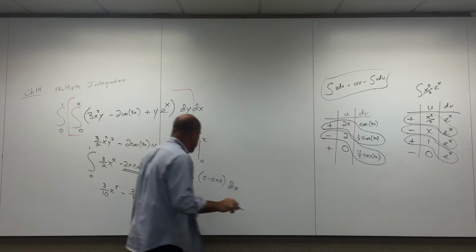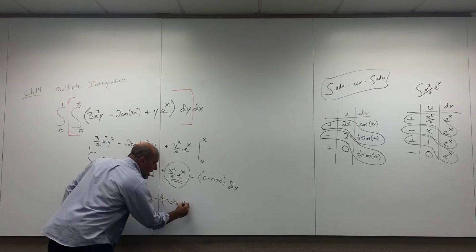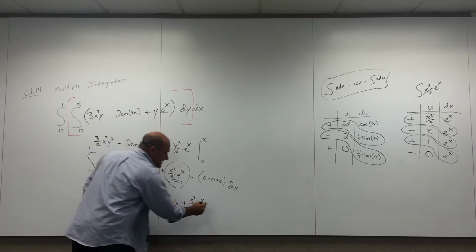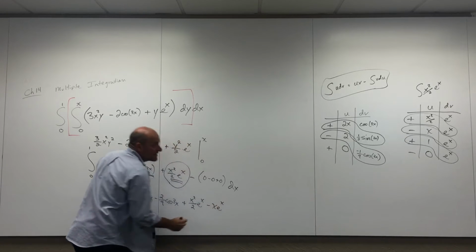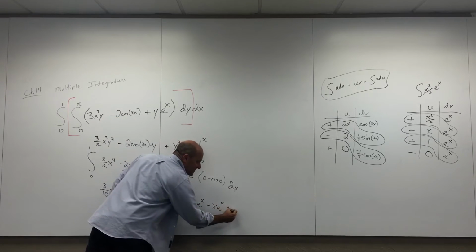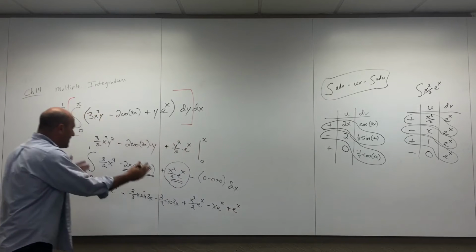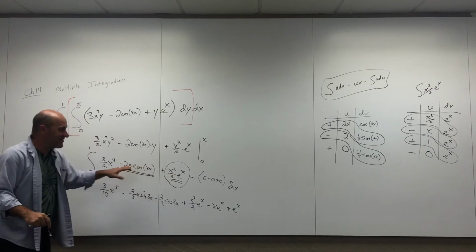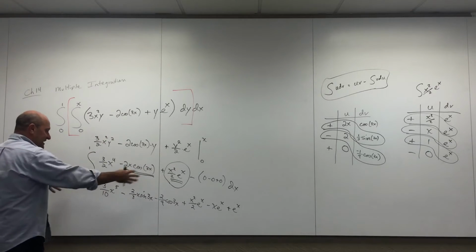The answer is an x squared over 2 e to the x, minus an x e to the x, plus an e to the x. Wow, you guys. That's that integral. Had a couple integrations by parts all in this same integral. Sorry about that, but it made it a nice long integral.